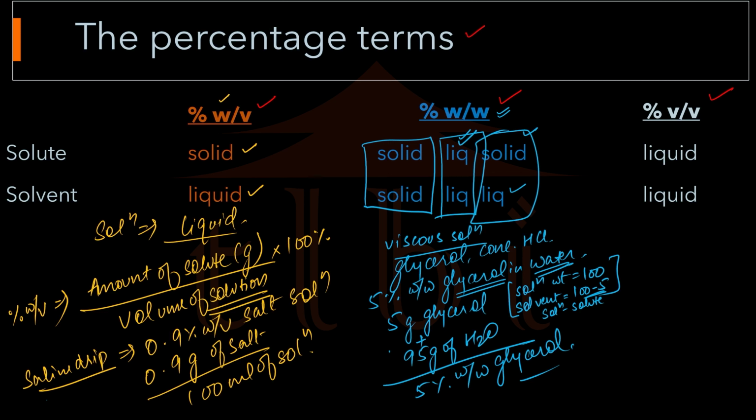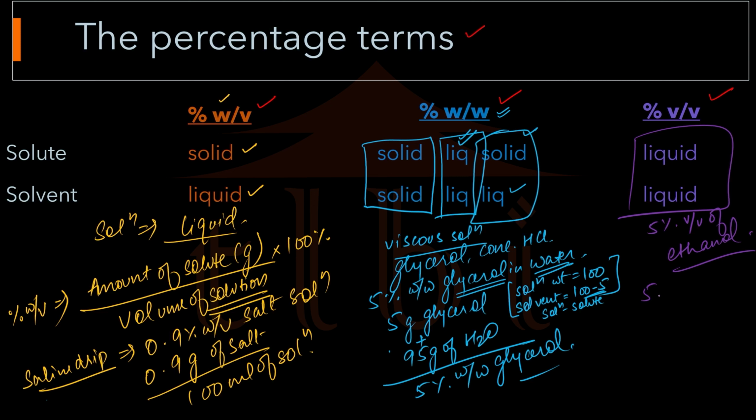Alright. Now let's look at the third one, which is percentage volume by volume, right? Now obviously both phases are liquid, and let's say you have to make 5% volume by volume of ethanol. How do we do that?